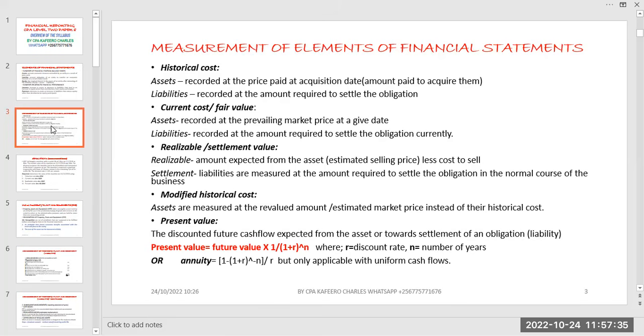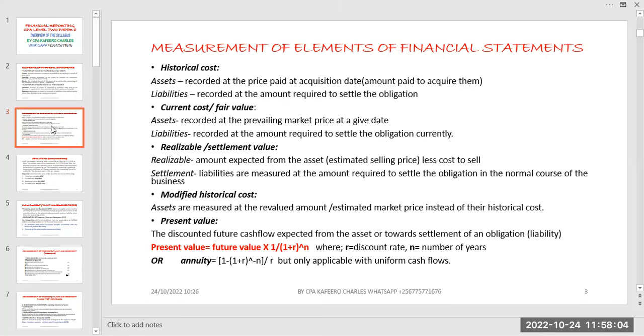Historical cost is, as the word says, something that occurred sometime back. So it's in history. We are talking about the historical cost as a past cost or something that we had incurred already, but can be used to measure some of those items we are going to be talking about.